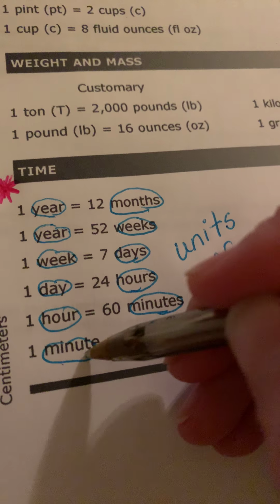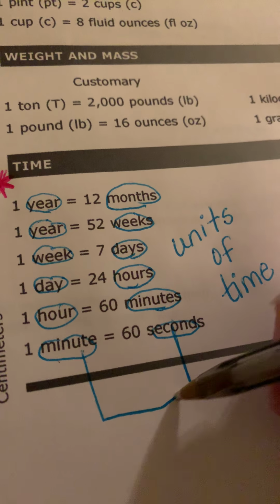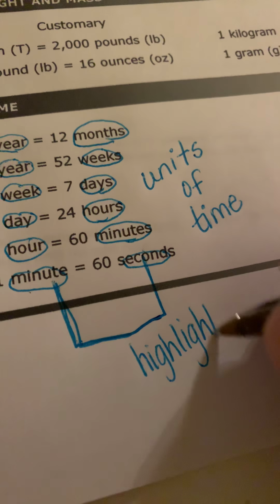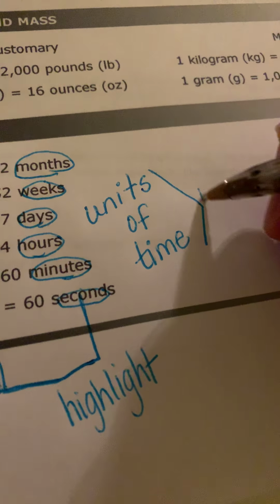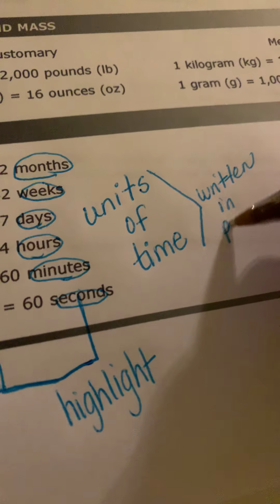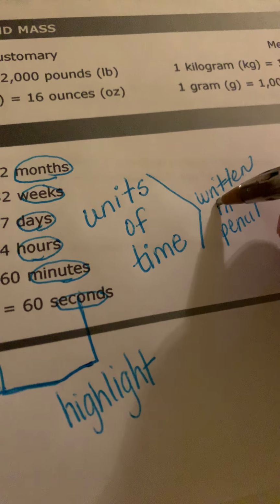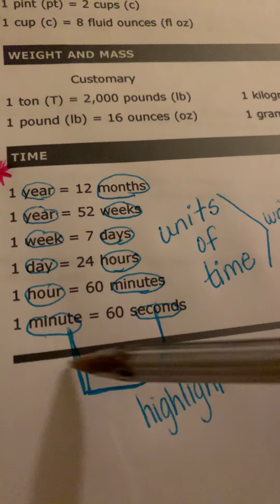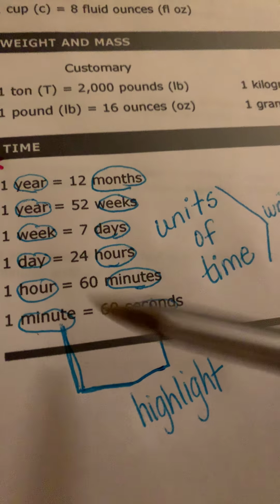And I'm going to make notes just in case it's Miss Albritton or Miss Rogers or a different sub tomorrow. So these would be highlighted. This would be written in pencil, because I would not want them trying to write in a chunky highlighter, especially the ones who try to write in yellow. So days, years, weeks, units of time.